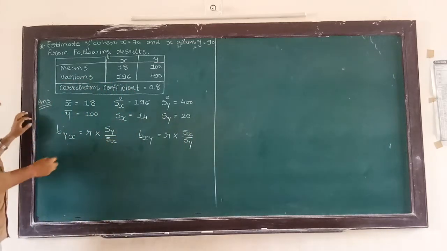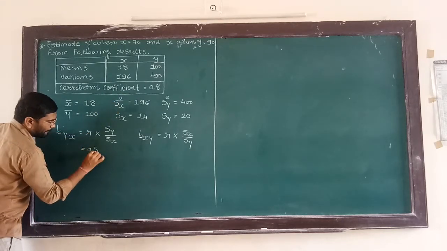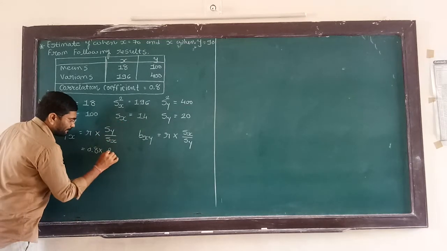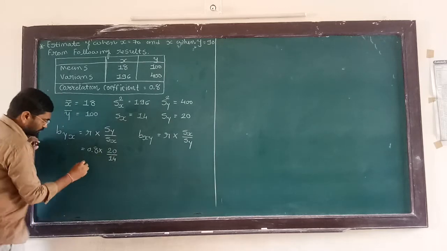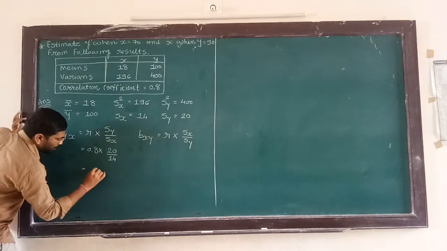The value is available: r is 0.8, sy means 20 upon sx is 14. Here byx is 1.14.